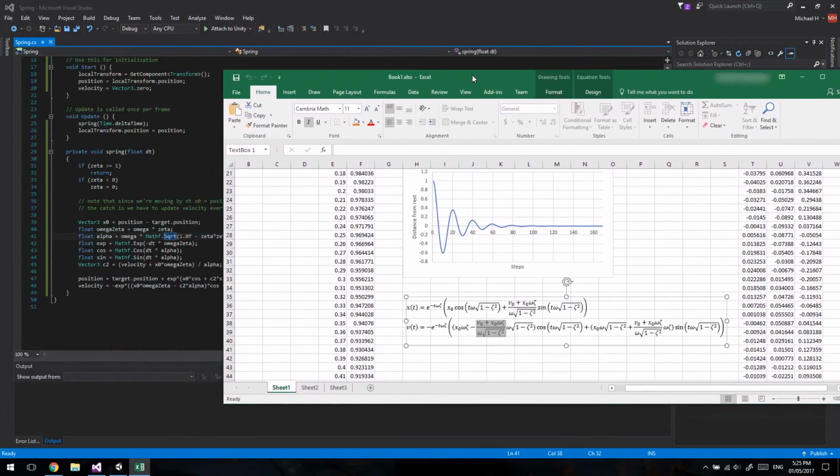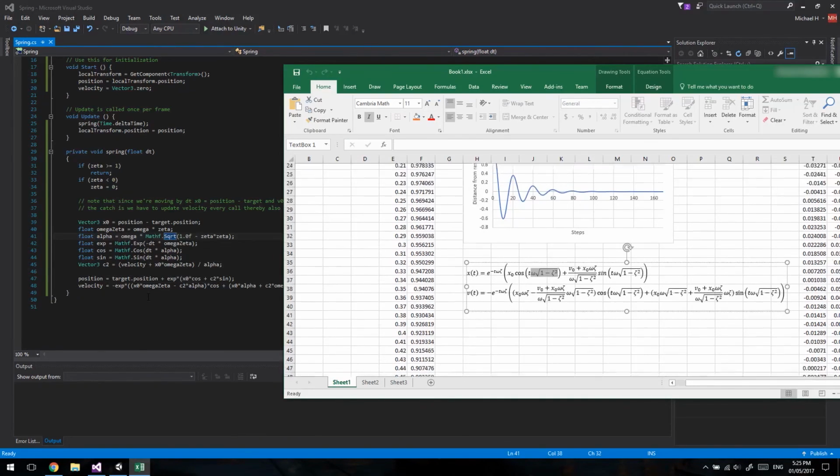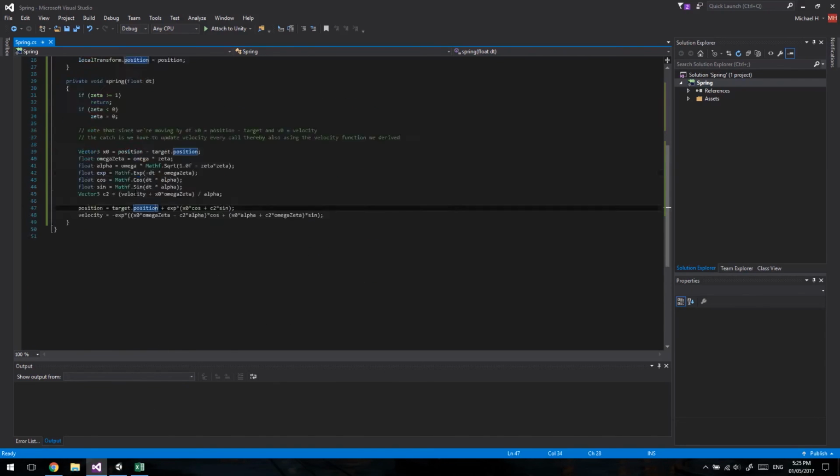I defined a new term called alpha, which is just this. It's everything except for the t there. I'm having trouble highlighting it. So it's omega times the square root of 1 minus zeta squared. So that's what alpha is. We're calculating the cosine and the sine terms, the exponential term, and then we're plugging both of those in and updating our position and velocity equations, and there we go.